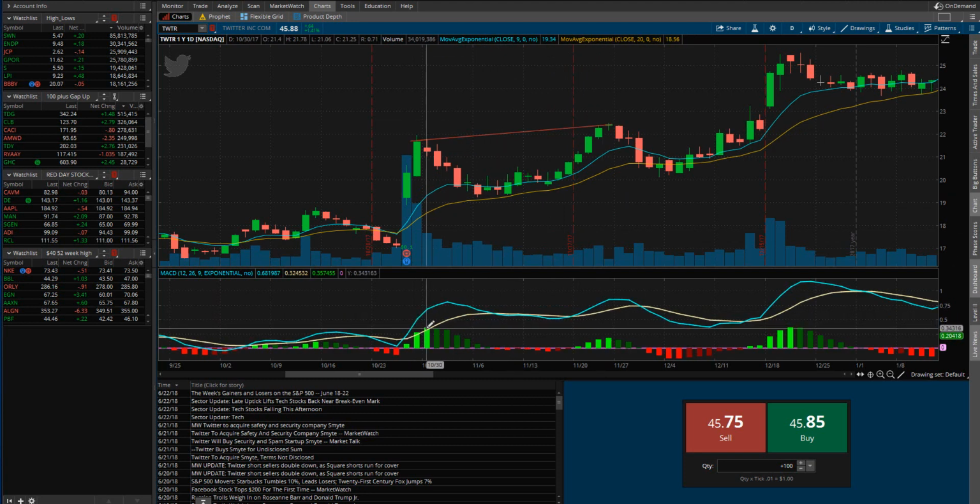On the MACD line, these MACD candlesticks are higher right here compared to right here. So that's what that means when you hear of a bearish divergence.